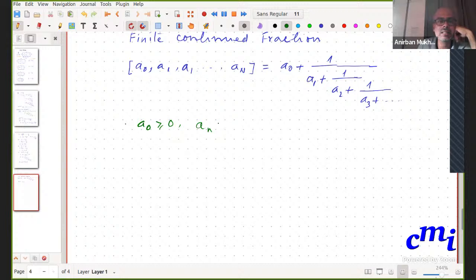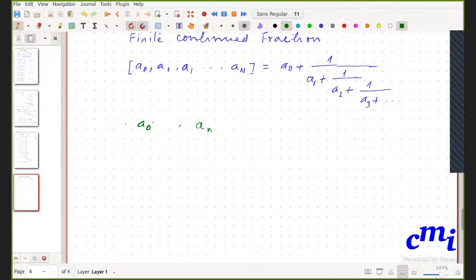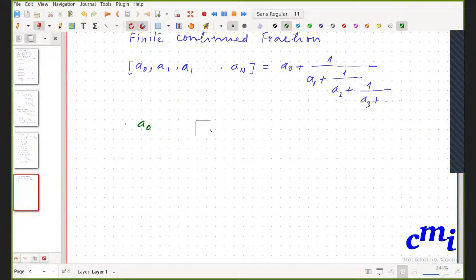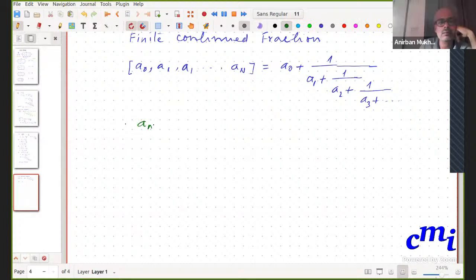So let's just say that all the a_n are non-zero for all n greater than or equal to 1. That should be enough of an assumption to start with. We'll specialize later, but to start with we don't need it.